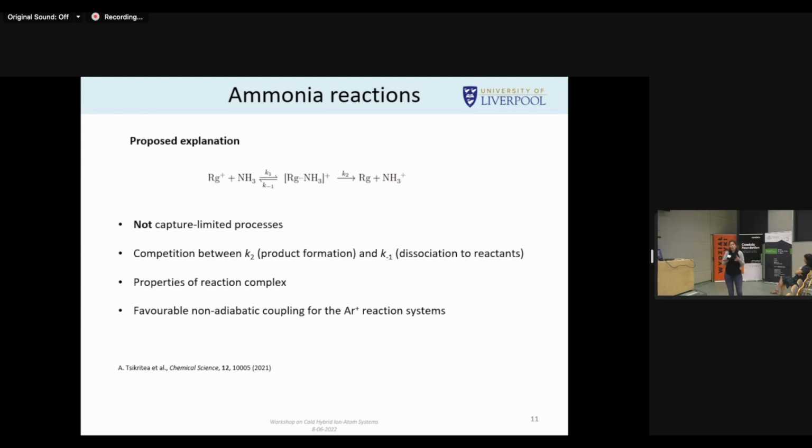And because of these non-capture limited processes, we have a competition between product formation and dissociation back to reactants. So we think that the properties of the complex play a role in the observation of this inverse kinetic isotope effect. And then, given the favorable position of the non-adiabatic coupling of the argon reaction system, we think that that is what leads to the difference in the magnitude of this effect.